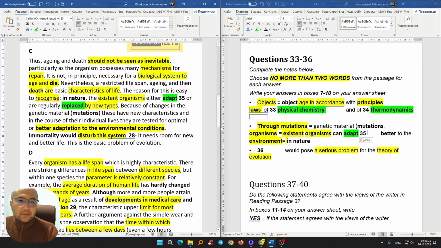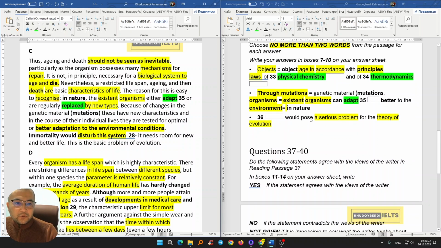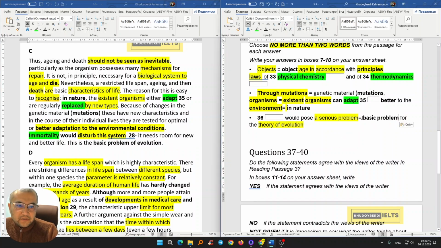Okay. And the next one: something which poses a serious problem for the theory of evolution. And what is a serious problem? Maybe it's talking about immortality. Why? Because we have the words basic problem of evolution here, and basic problem can be a perfect synonym for serious problem.